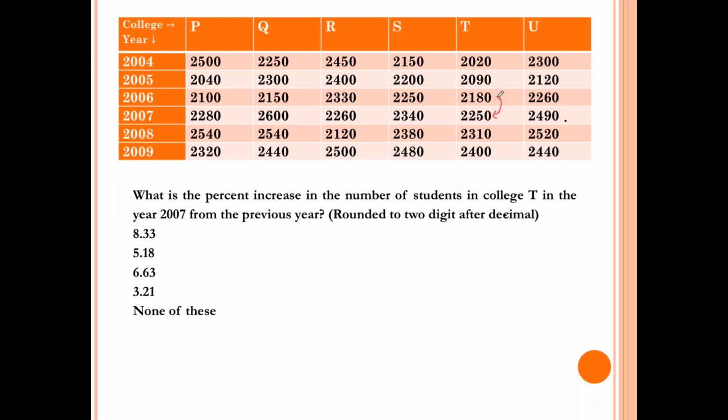If we see, it is 2180 to 2250. You have just a 70 increase, and it increases from 2180. So are we going to calculate it? No, not at all. This cannot be the answer, this cannot be the answer, this cannot be the answer. So the answer is either this or this. So you can very easily find out what the answer is. So this was the question from percentages in this particular graph, right?